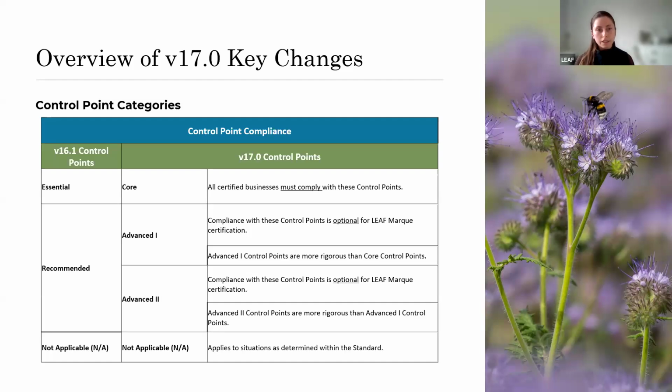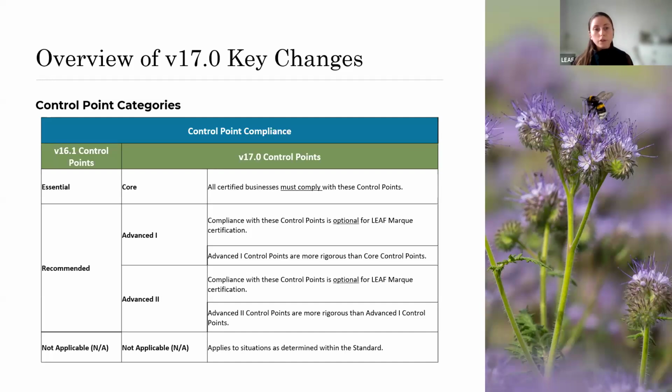In version 17, we're proposing a shift to core and advanced requirements. So core requirements are requirements that must be complied with for certification. They are mandatory. Advanced control points are optional for certification.